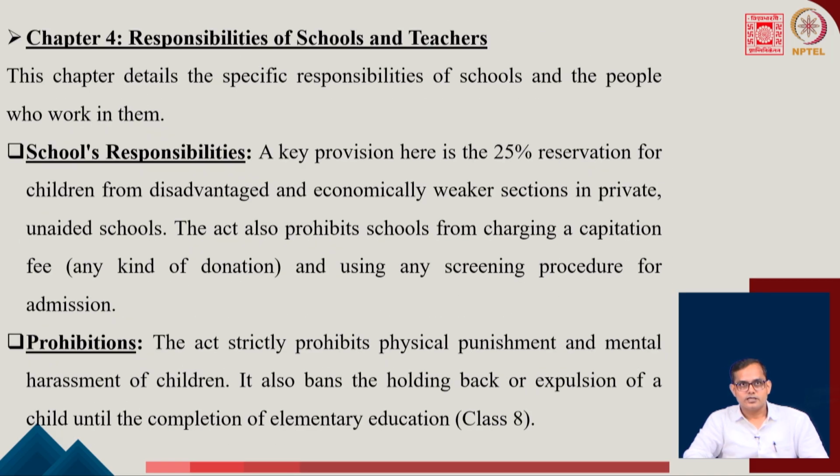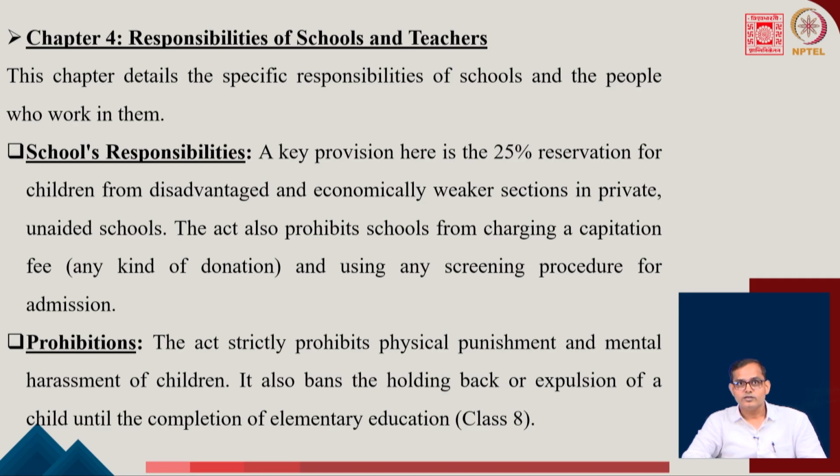Chapter 4, Responsibilities of Schools and Teachers. This chapter details the specific responsibilities of schools and the people who work in them. Schools' responsibilities. It is the key provision, and here is the 25% reservation for children from disadvantaged and economically weaker sections in private and unaided schools.